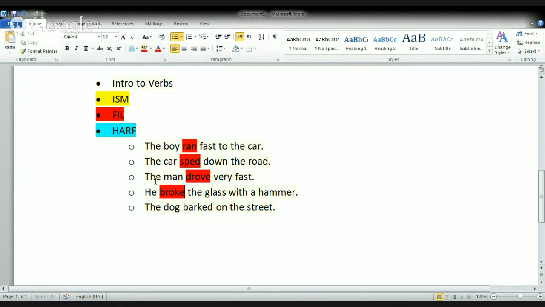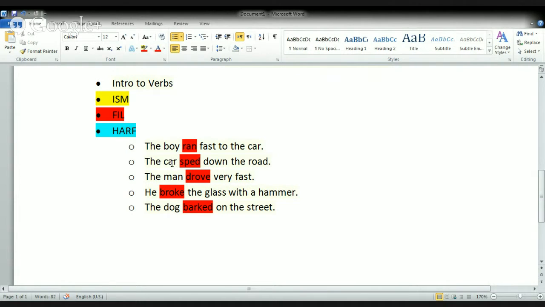Broke. All right. And then here, barked. Okay, perfect. And then ran. The tense, for example, is obvious. Ran is a past tense verb. Sped is a past tense verb. Drove is a past tense verb. Broke is a past tense verb. And barked is also a past tense verb.